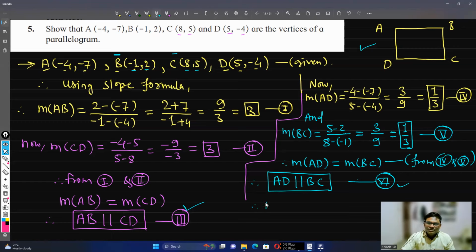Therefore, quadrilateral ABCD is a parallelogram, and we will write the reason as from statement number 3 and 6. Since ABCD is a parallelogram, therefore points A, B, C, and D are the vertices of a parallelogram. Hence, it is proved.